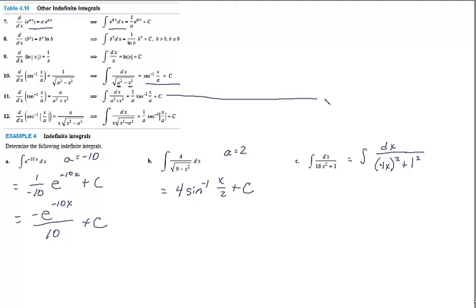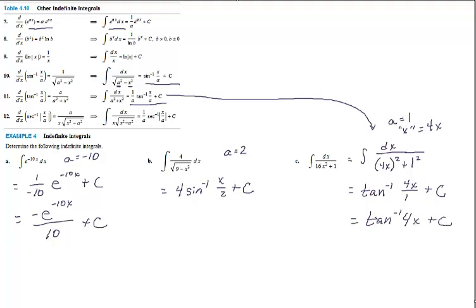Then it would look like this guy, where my a was 1, and in this case we'll call my x 4x. So I'm going to write this down, and wherever there's an a I'm going to put a 1, so it's 1 over 1 inverse tangent, and instead of an x I'm going to write a 4x over 1 plus c. Oh, I should have just written that as tangent minus 1 4x plus c. Take the derivative of this and you'll see that you will get what's sitting here.